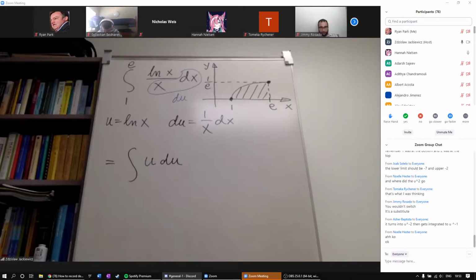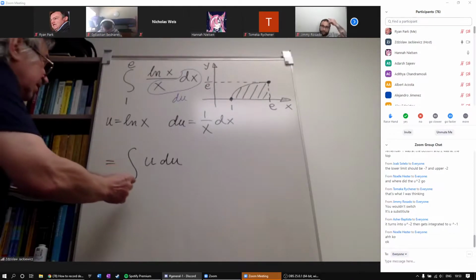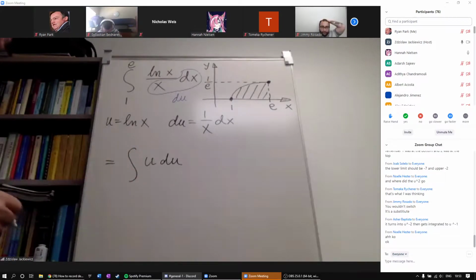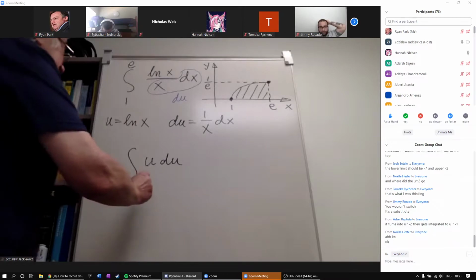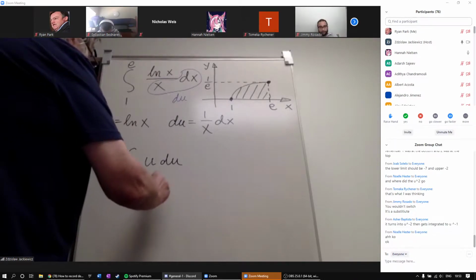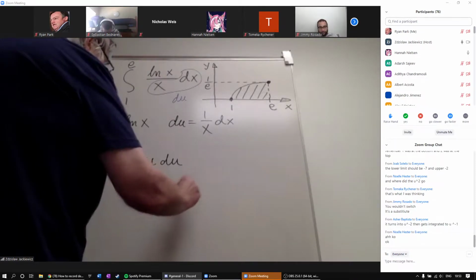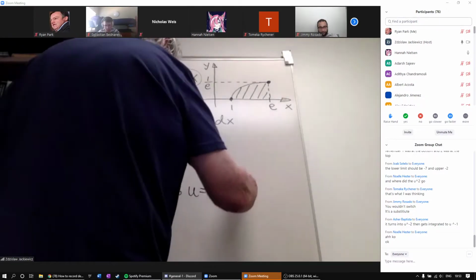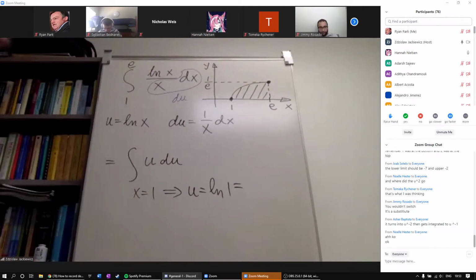So it's nice, easy. But again, let's look at the limits now. Limits are a common mistake. You put 1 to e, but limits usually change. So let's see what the limits are. If x is equal to 1, u is ln of 1. What is ln of 1?